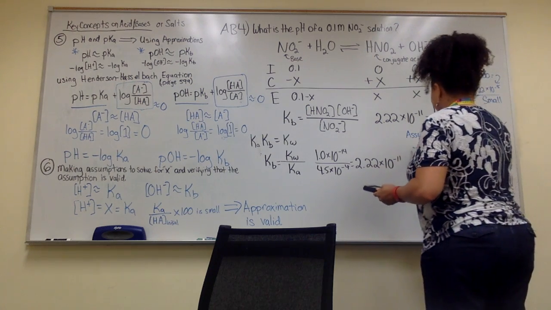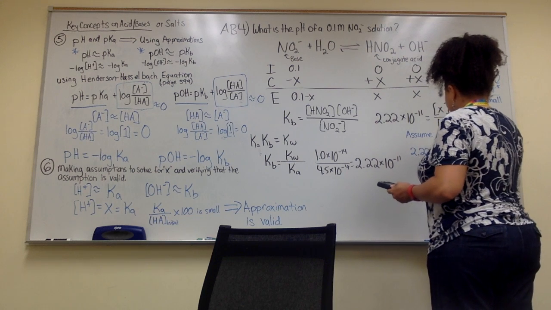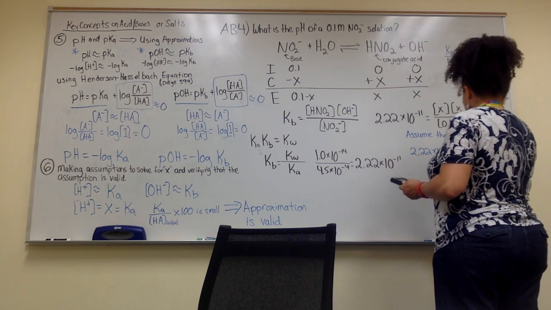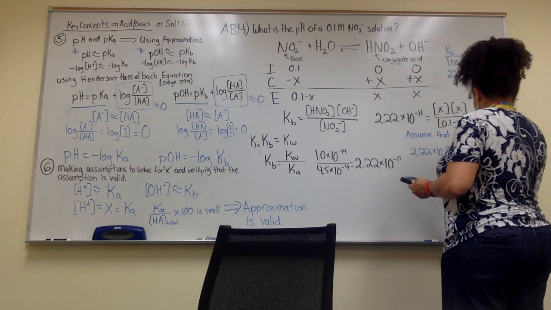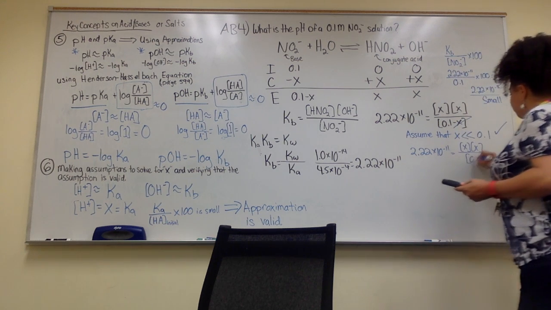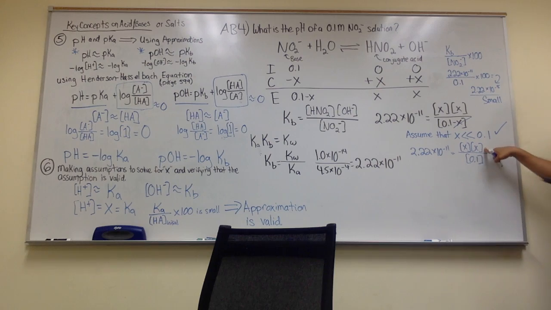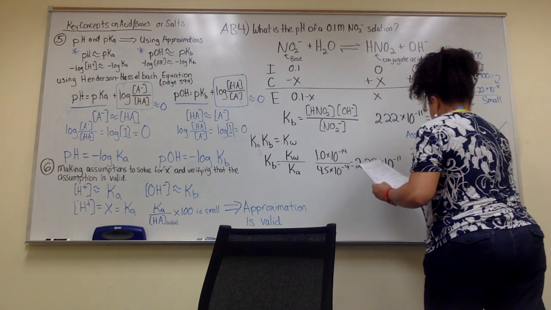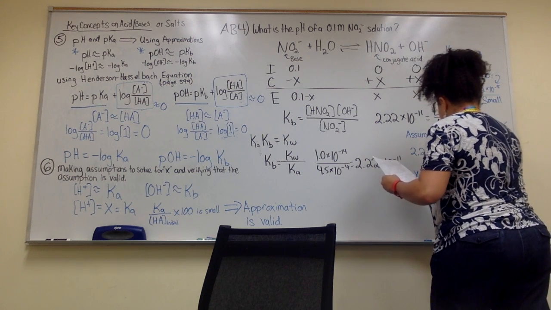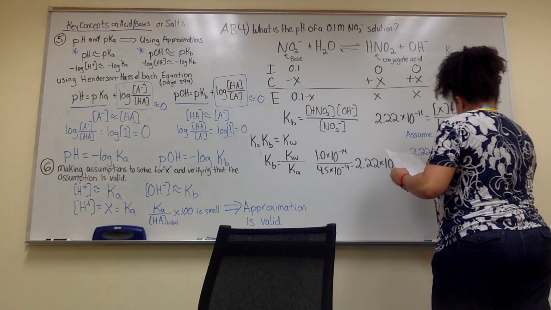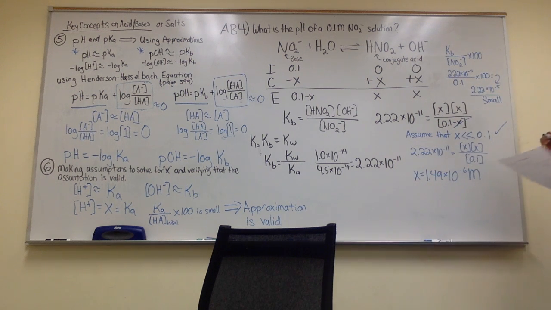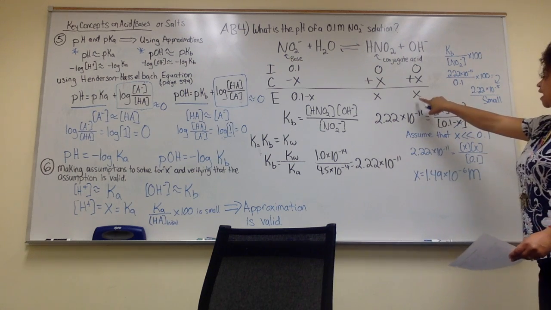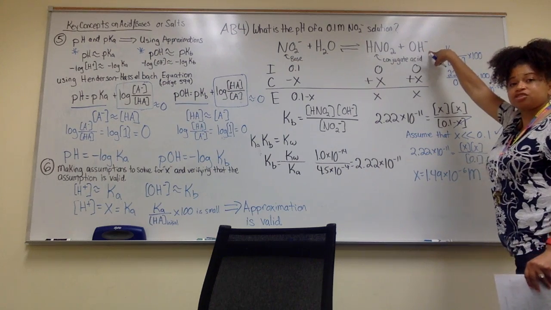So that takes us to 2.22 times 10 to the minus 11 being equal to x times x over 0.1. We then solve for x, and we find out that our x is equal to 1.49 times 10 to the minus 6 molar. Okay, so here's our x. x is equal to the OH minus concentration.